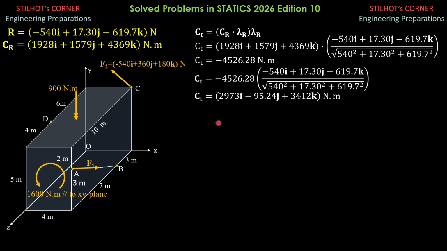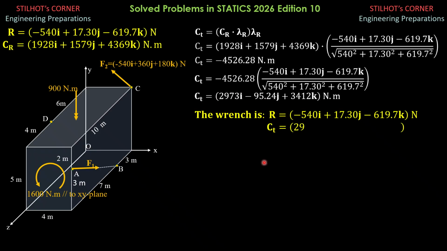So the wrench therefore is this resultant force and this C sub D here, which is 2973i minus 95.24j plus 3412k Newton meter.